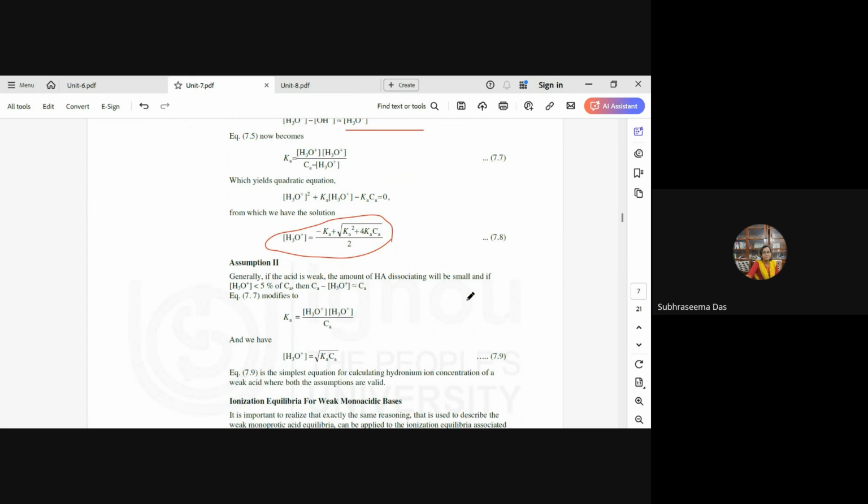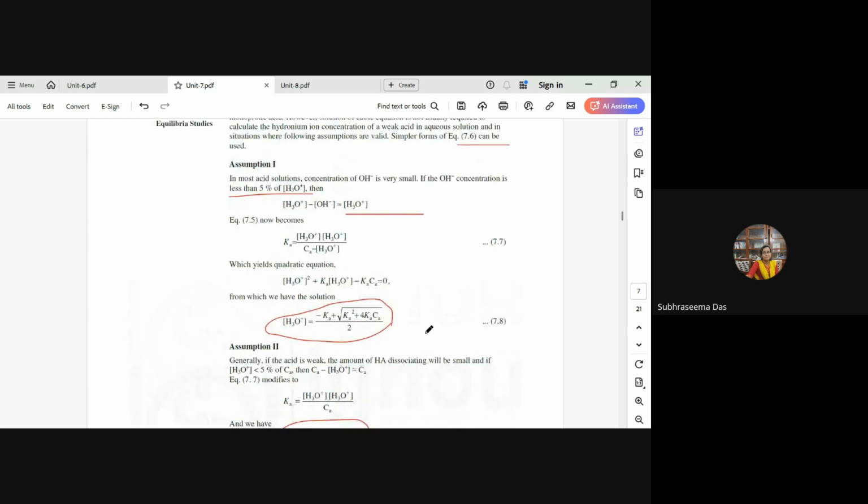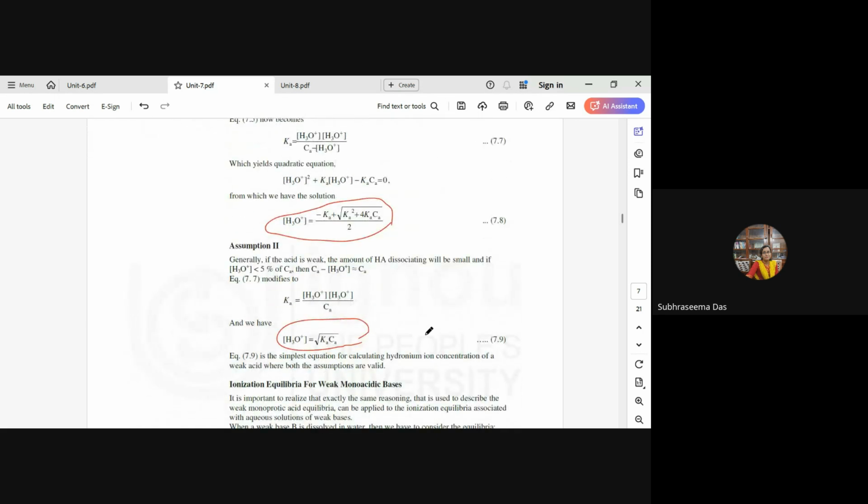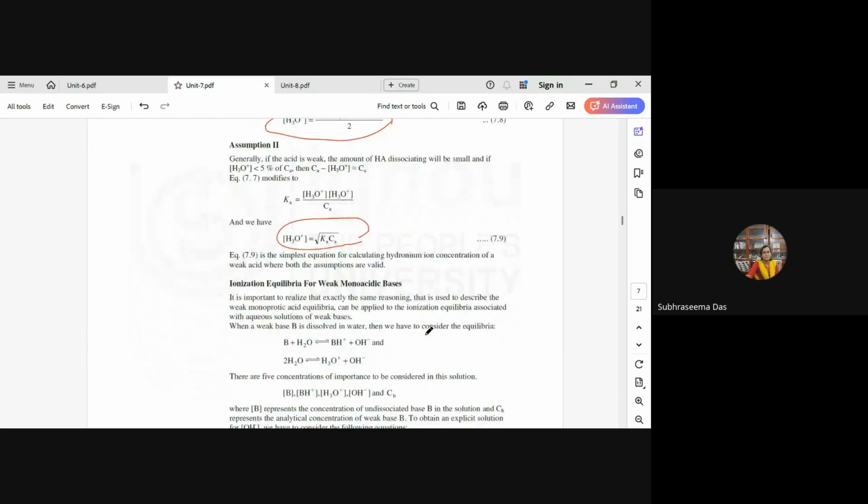Then we make a second assumption, where the amount of HA dissociated is less than 5%, and then we get this. So upon simplification of equation 7.6, we can calculate the concentration for a weak acid.